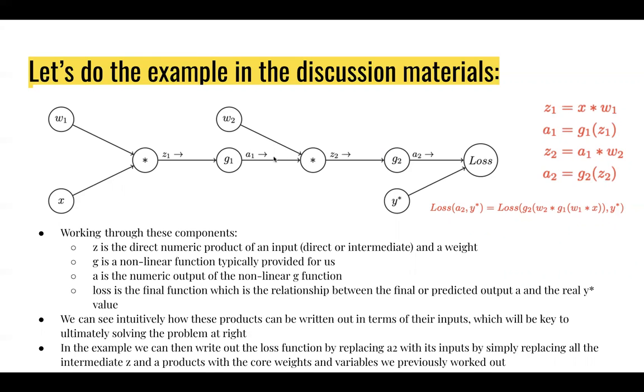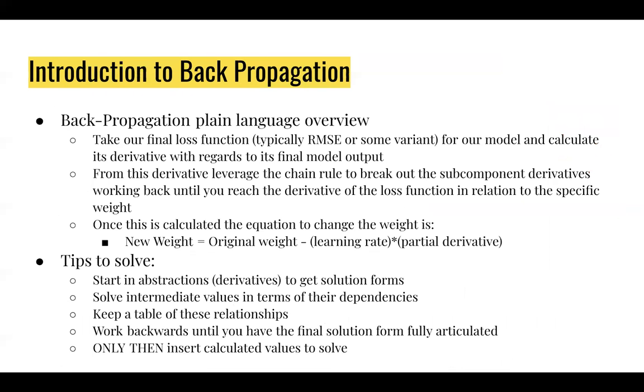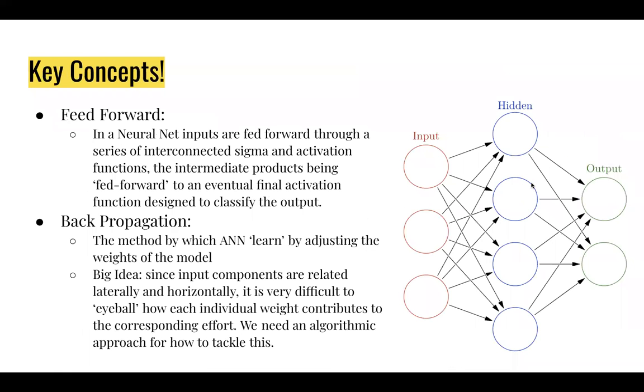You take that output, which has an associated weight that you learn. Then you take that output function, put it through another transformation, and arrive at your final result.